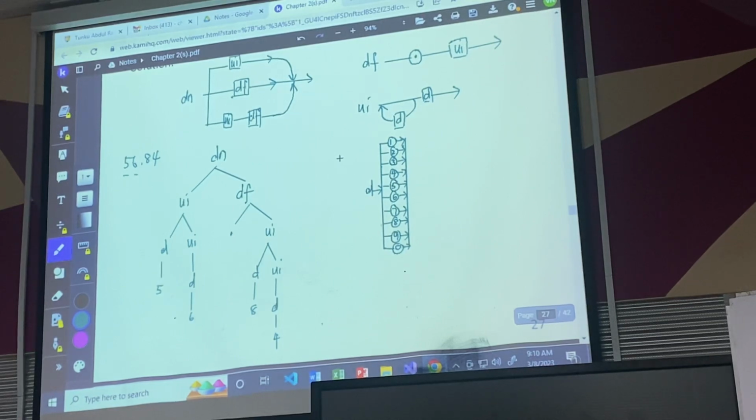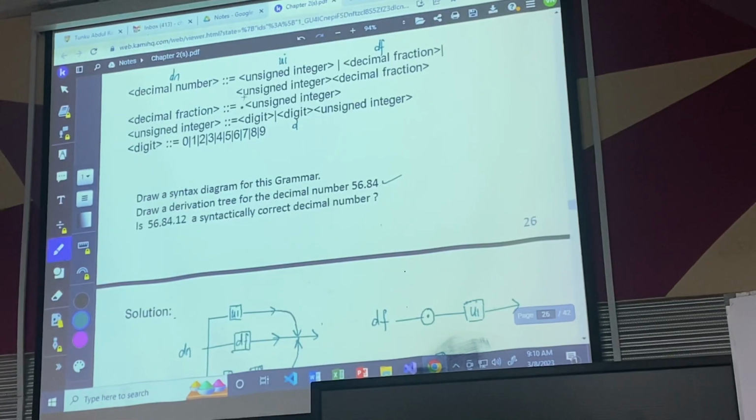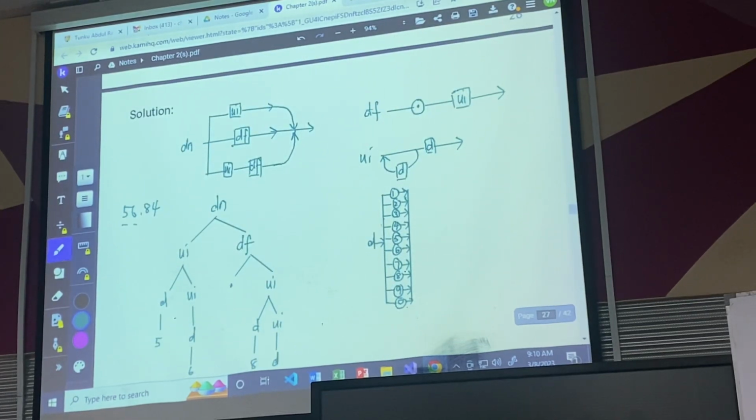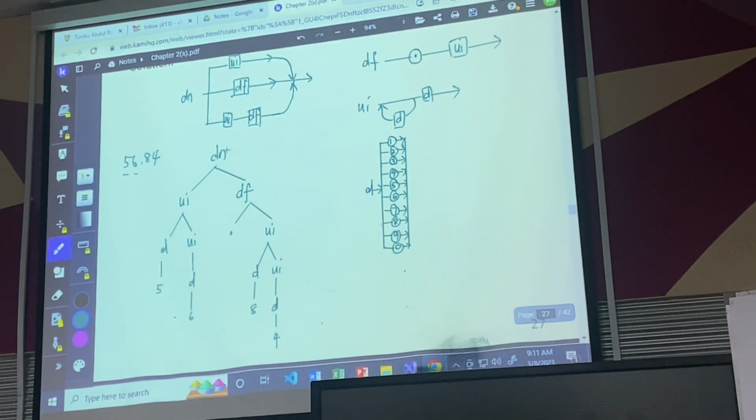So in this case, the decimal number given by this substitution here has only 1 decimal point. So no matter how you substitute, you can only have 1 decimal point, because the decimal number here can only have a decimal fraction with a decimal point. So once you substitute with a decimal fraction, you can only have 1 decimal point. No matter how you go through the tree, the most you can have is only 1 decimal point, right?